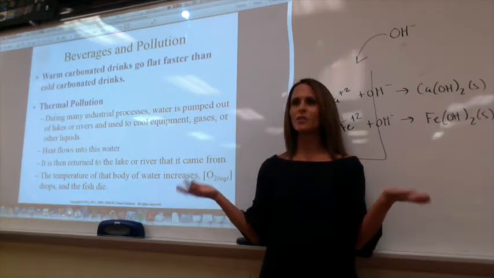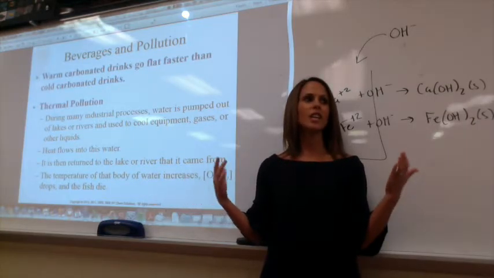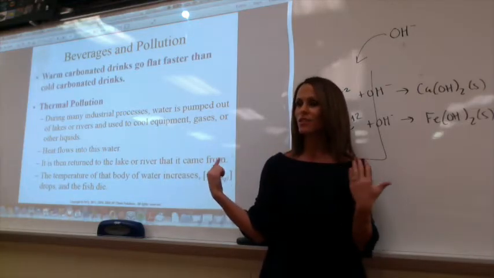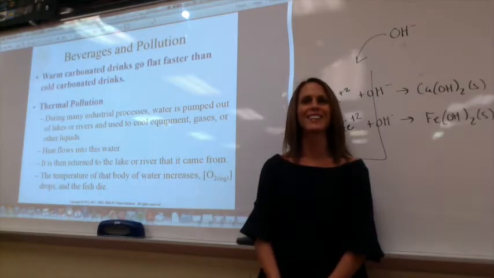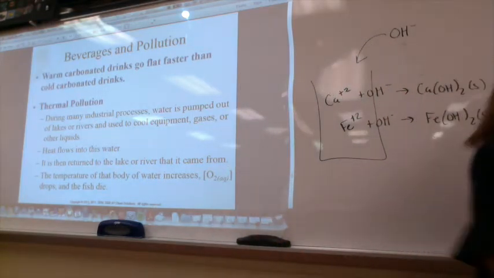We know from thermodynamics you can't exchange cold, you can only exchange heat. So the heat from the reactor goes into the water, and then where does the water go back? Into the lake or river. So what happens to the fish? They die. All right, that's what this is saying.